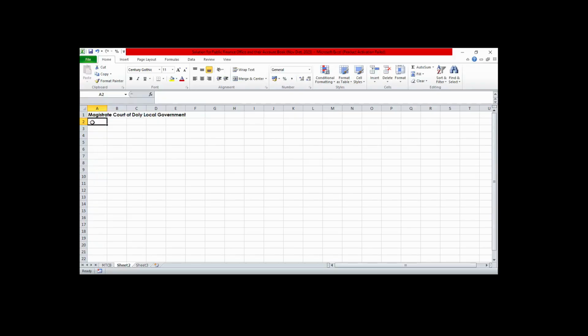Not treasury, we are preparing revenue collector cash book for the month of what? For the month of June 2008. Yes, I've stated it there.